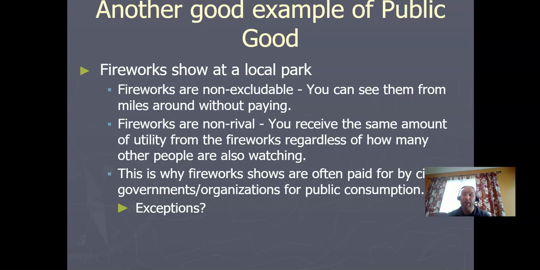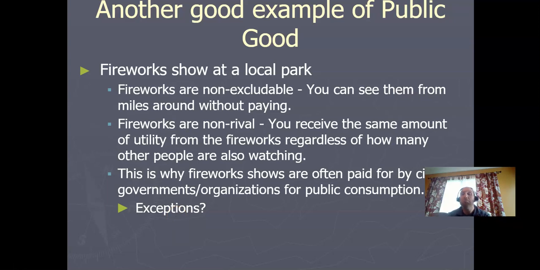Another great example is down in Disney World, where they own so much land that if you want to watch any of their fireworks, you actually have to buy a park ticket to be able to get in to see it. So that is more excludable. So there are some exceptions, where some places do try to make fireworks more rival and excludable and can find ways to charge people for certain viewing, but by and large, it's just another good example.